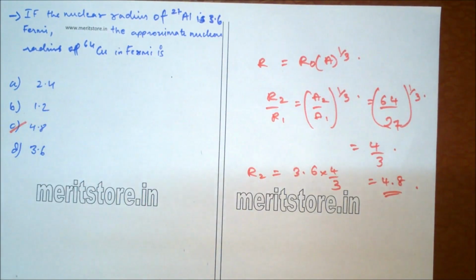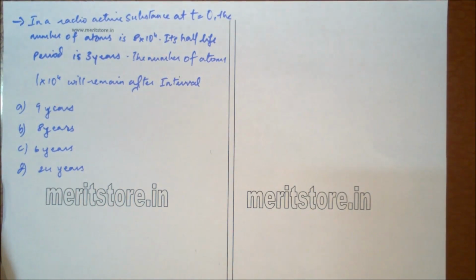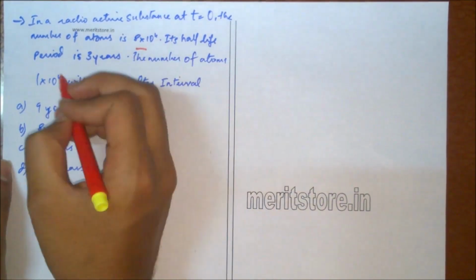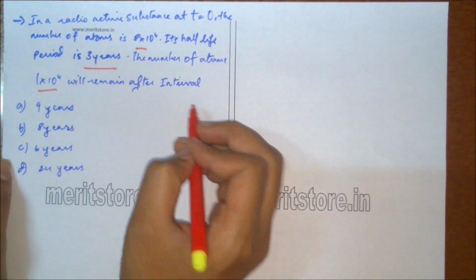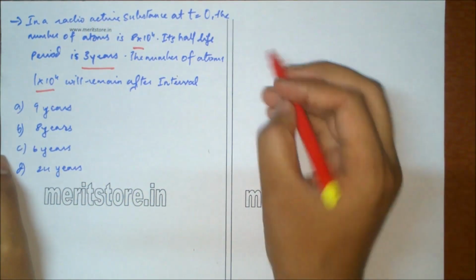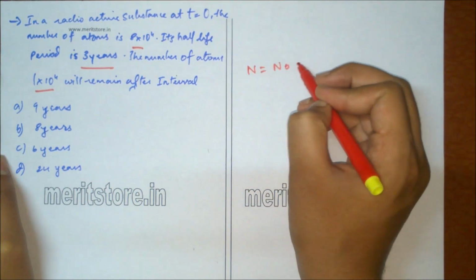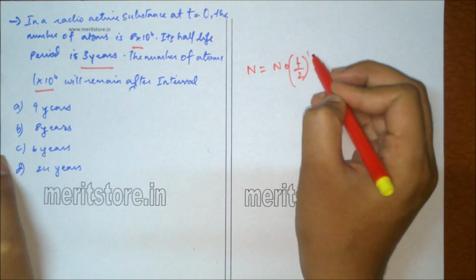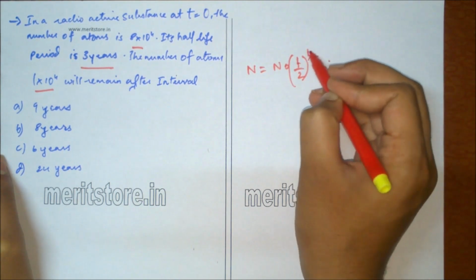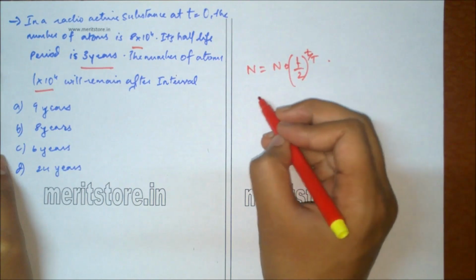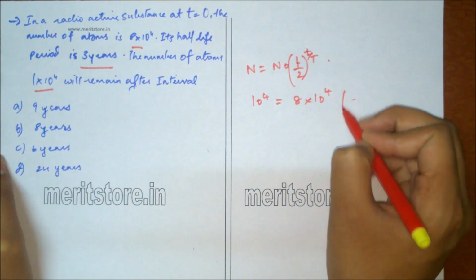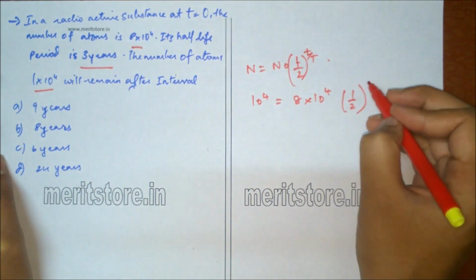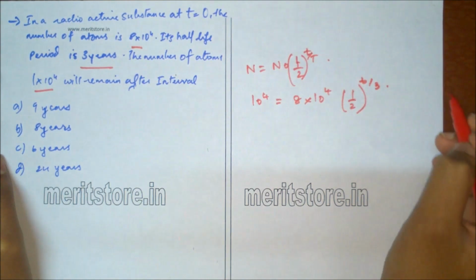Option C. If the radioactive substance at t0, the number of atoms is this much. Its half-life period is 3 years. The number of atoms this much will remain after interval is. So by formula, N is equal to N0 into half raised to t by T, small t by capital T. Or we can write this as, substituting the values, 10 raised to 4 is equal to 8 into 10 raised to 4, into 1 by 2 raised to t by capital T, 3 is the half-life period.